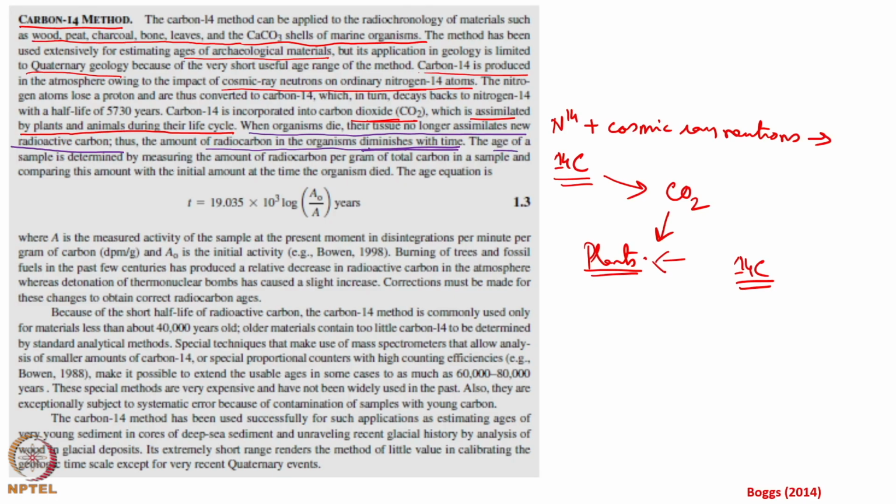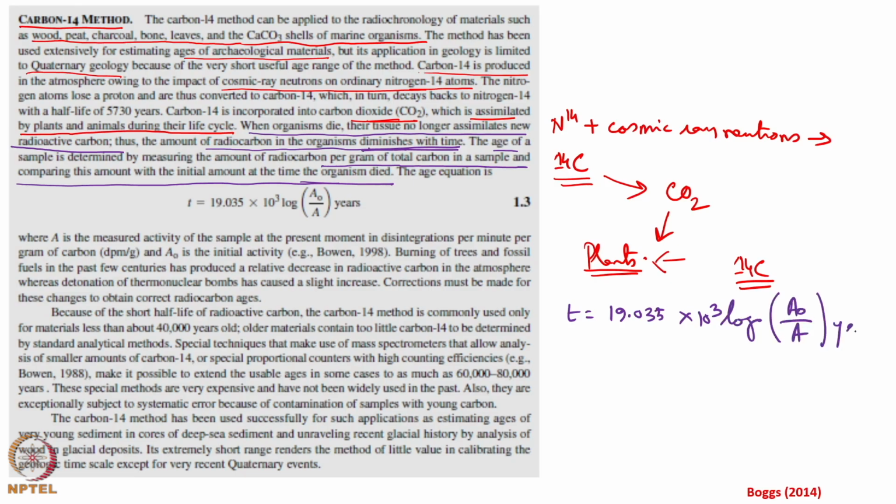The age of a sample is determined by measuring the amount of radiocarbon per gram of total carbon in a sample and comparing this amount with the initial amount at the time the organism died. The age equation is T = 19.035 × 10^3 log(A0/A) years. So many years would be the time.